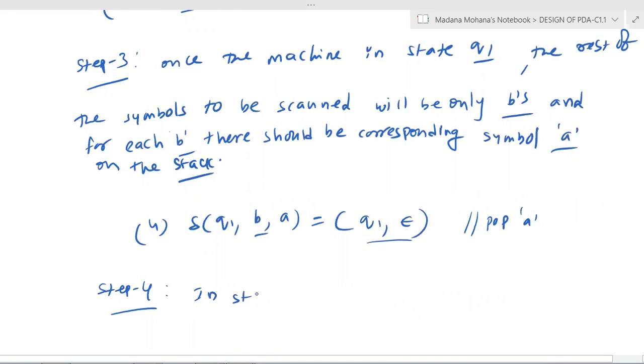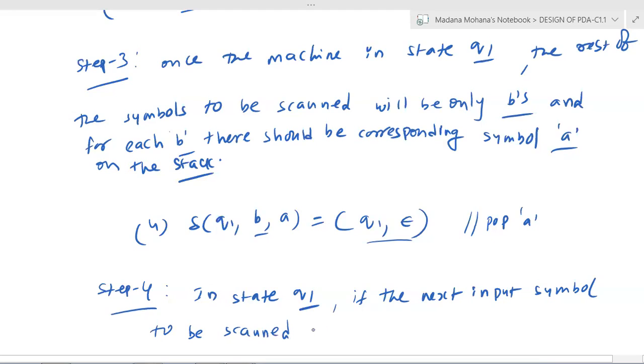Now coming to the last step. Now you are at state Q1. In state Q1, if the next input symbol to be scanned is null or epsilon, that means now no inputs are there. Here epsilon means null.